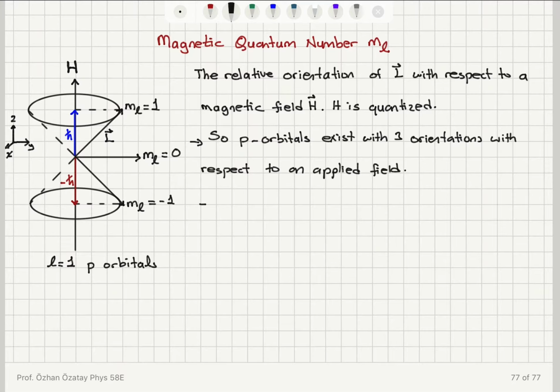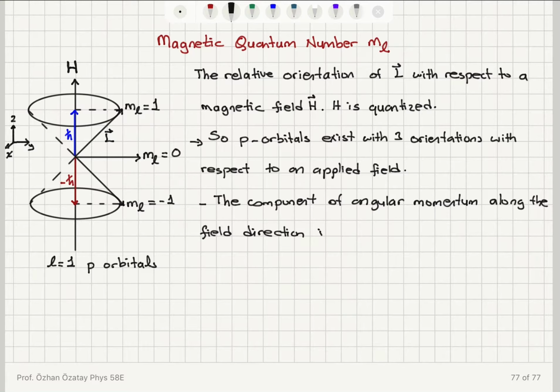The other thing m sub L gives us is the component of the angular momentum along the field direction, and this is m sub L times h bar.